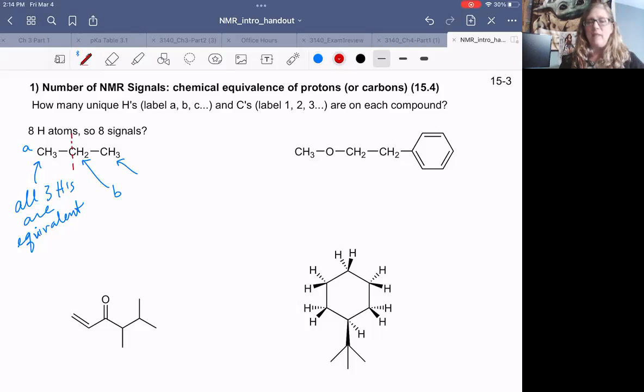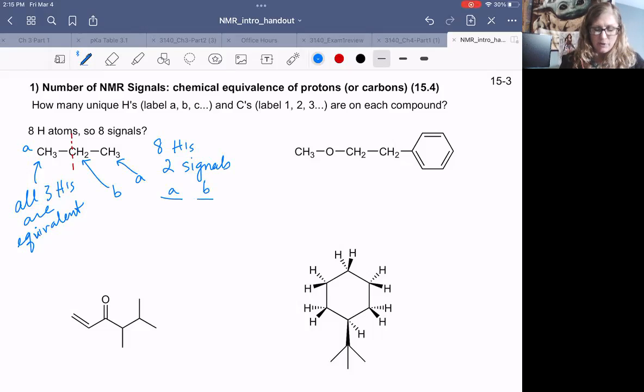So when we have a plane of symmetry reflecting one set of protons onto another set of protons, that's going to make them equivalent in the NMR as well. So these are going to be type A as well. Okay, and for propane, there are 8 protons, but there's only 2 signals. There's going to be 2 signals in the NMR. We can call them A and B.